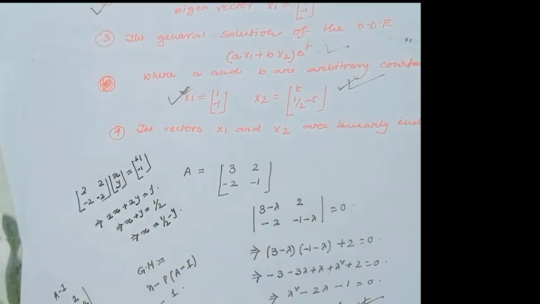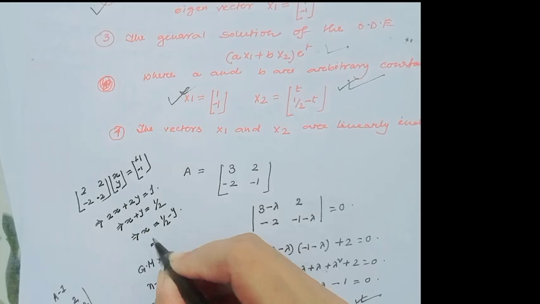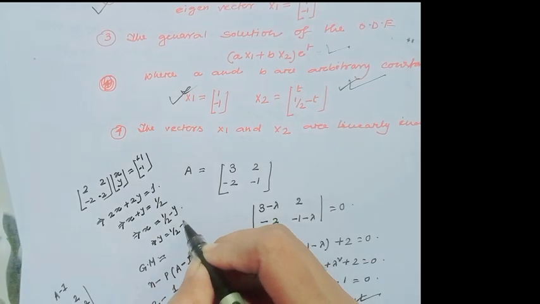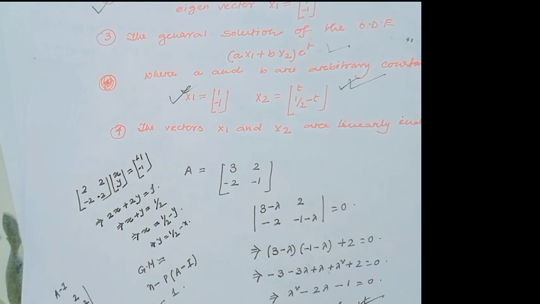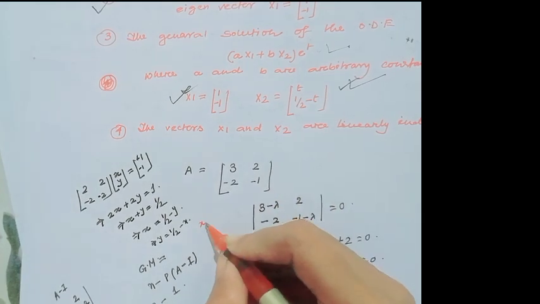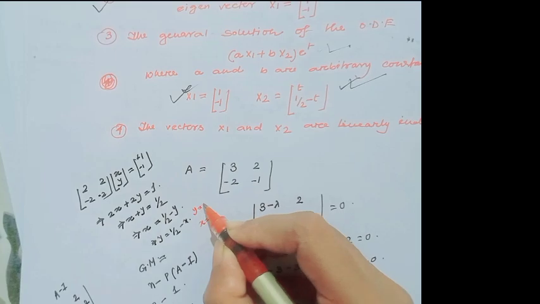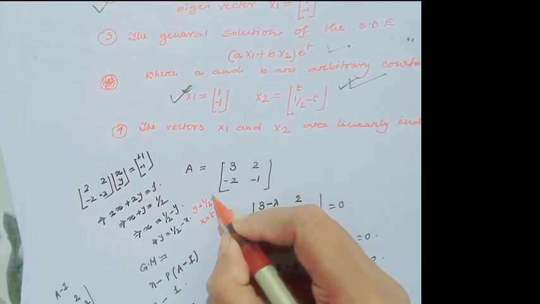Or y equal to half minus x. If we consider x equal to t, then that implies y equal to half minus t.